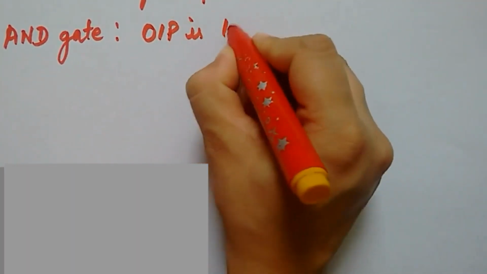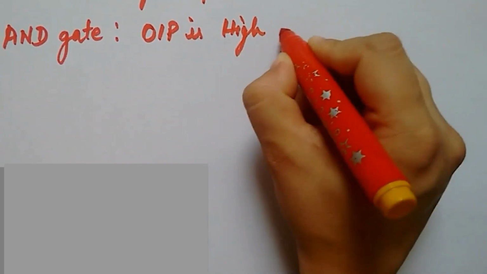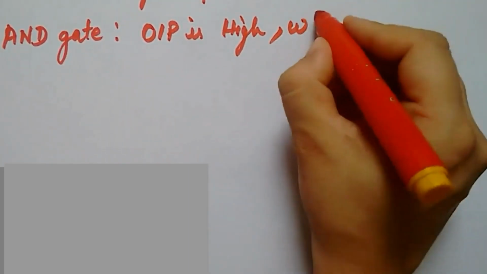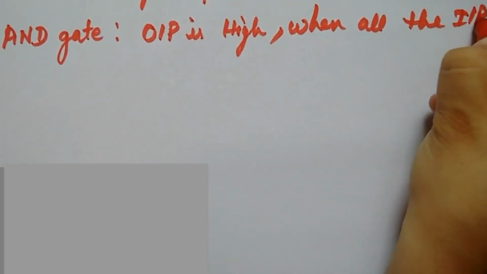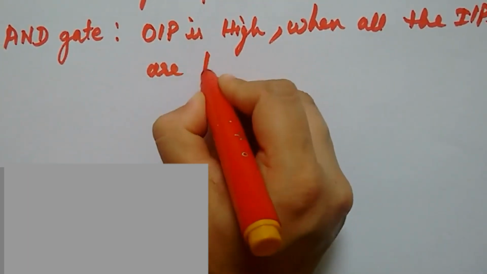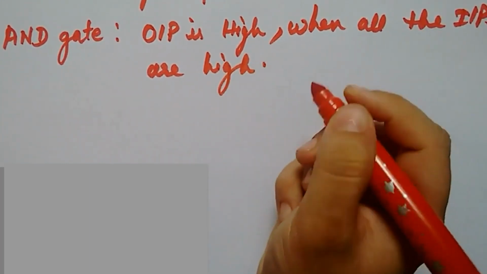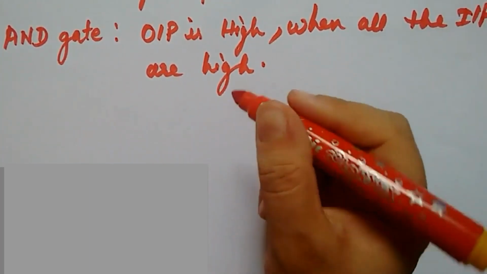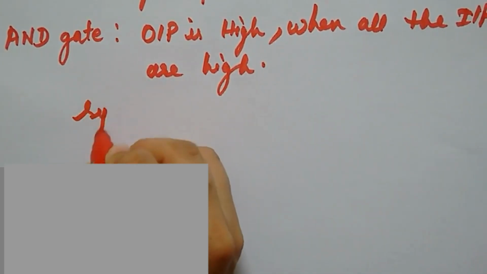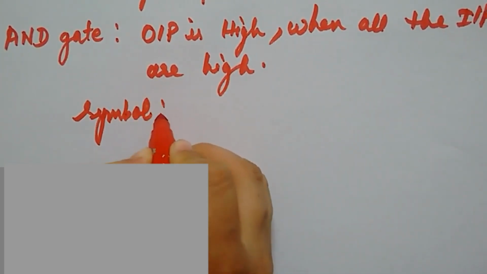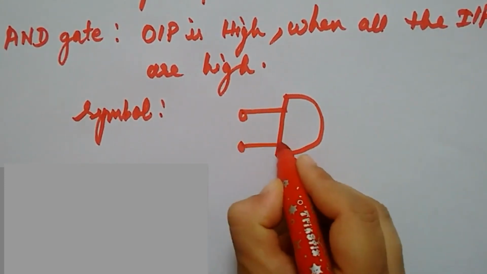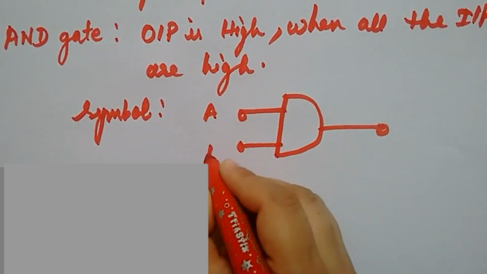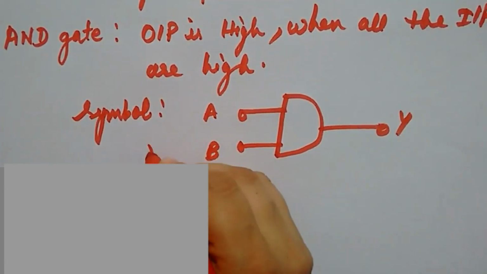Now the AND gate. The definition of AND gate is that the output is high when all the inputs are high. That means if both the inputs are high then we will get the high output, that is 1. Now the symbol of AND gate. The symbol of AND gate looks like this, where two inputs a and b and one output y.